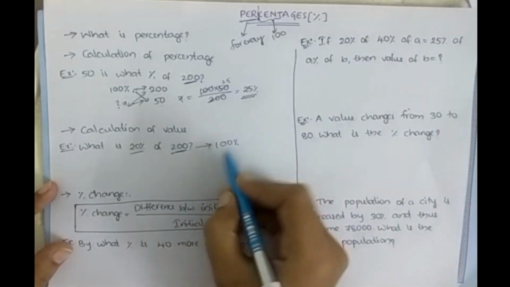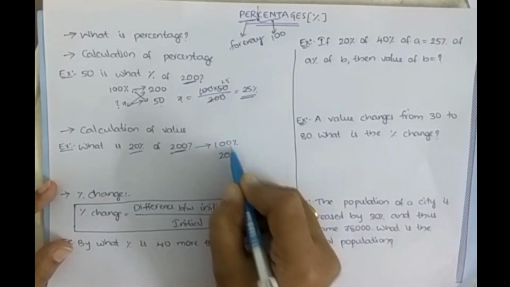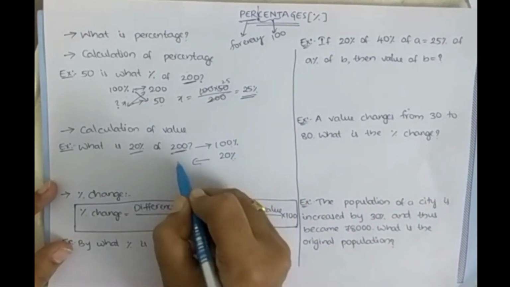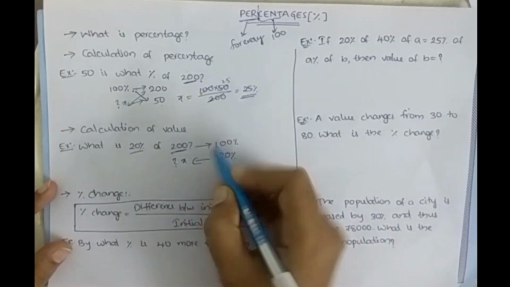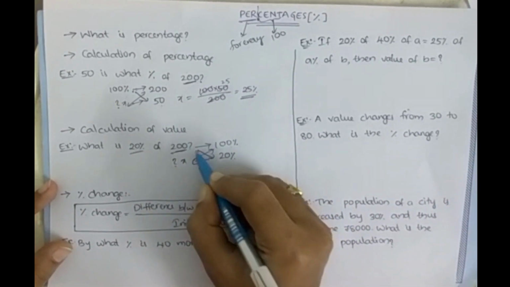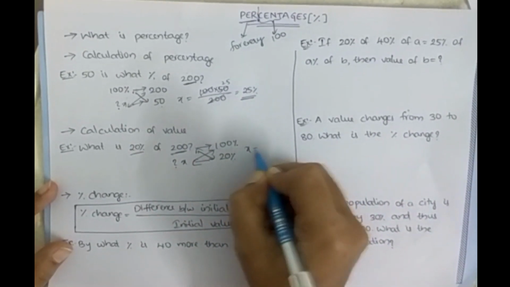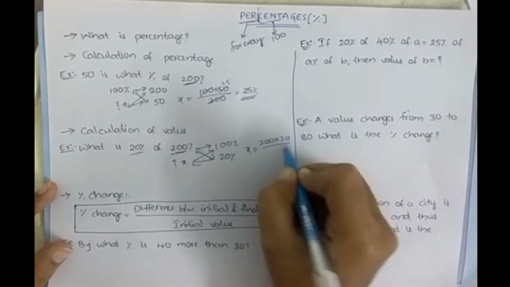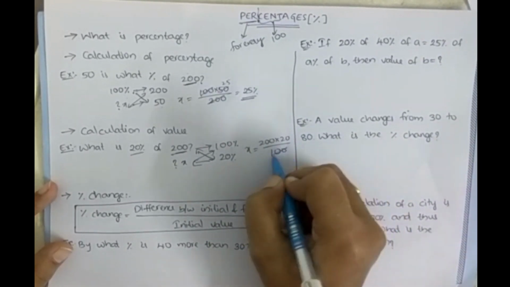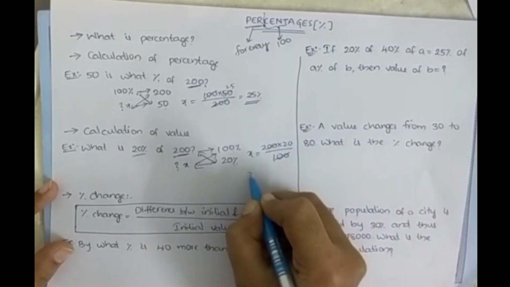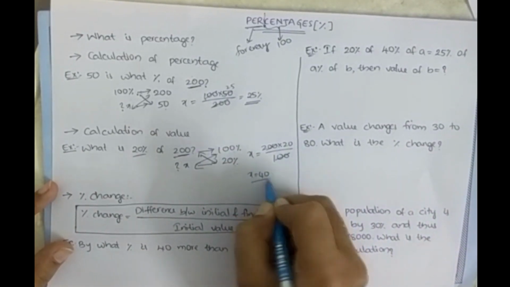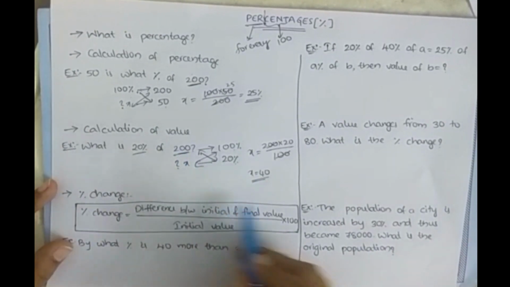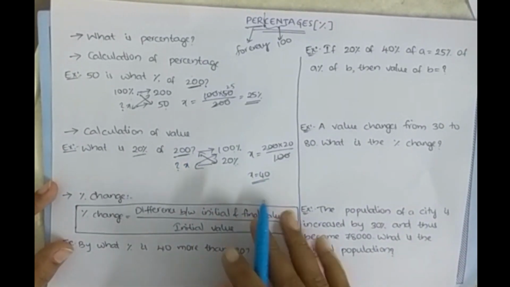I am placing this 20 here under percentage, and I want to calculate this value, which I have taken as x. So x is equal to 200 into 20 by 100. X is equal to 40. So 20 percentage of 200 becomes 40.